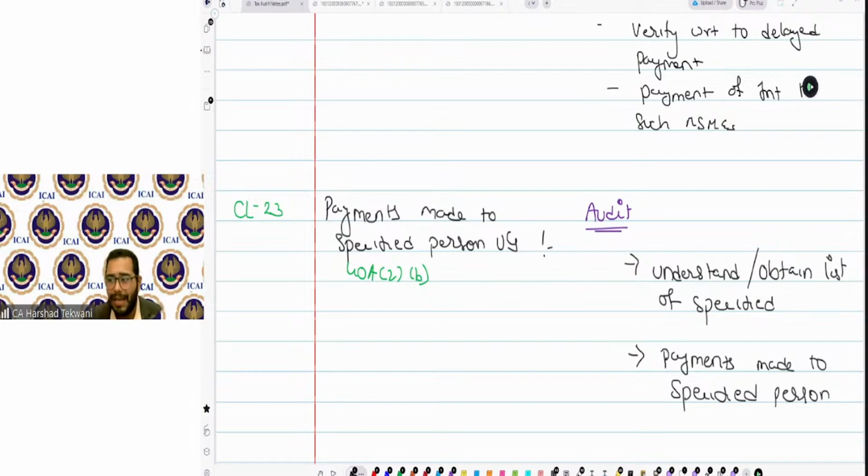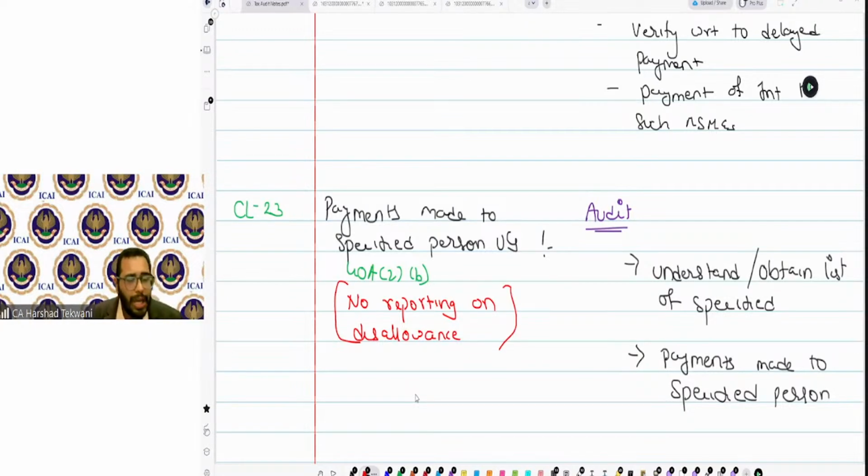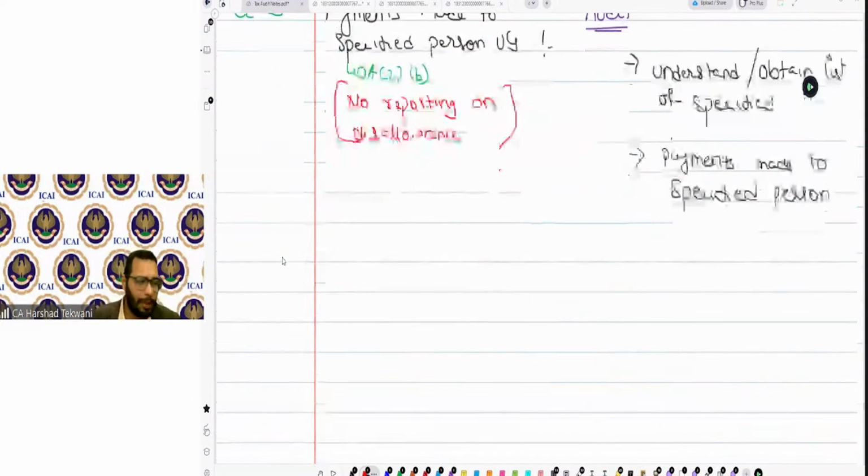No reporting on disallowance is there; it is only with respect to payments made to specified persons. And if it is not possible for the assessee or tax auditor, because of missing details, a voluminous list, or limitations in checking all the transactions, then appropriate disclosure is required to be made.